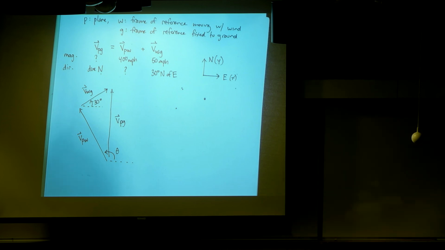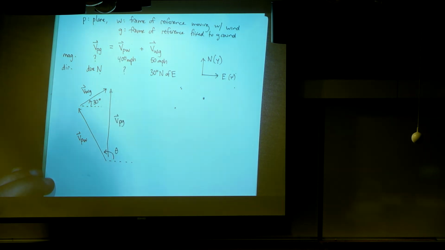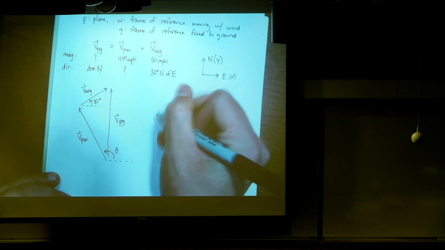So I think the best way to handle this problem is to take our original equation and just break it into an x component and a y component, okay? So here, let's start with an x equation.